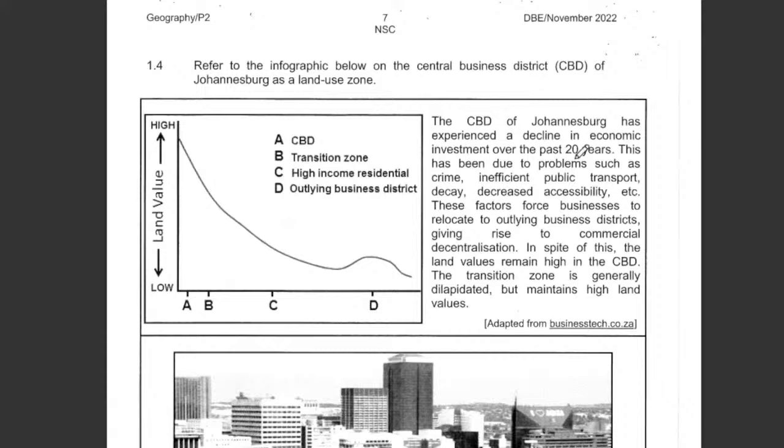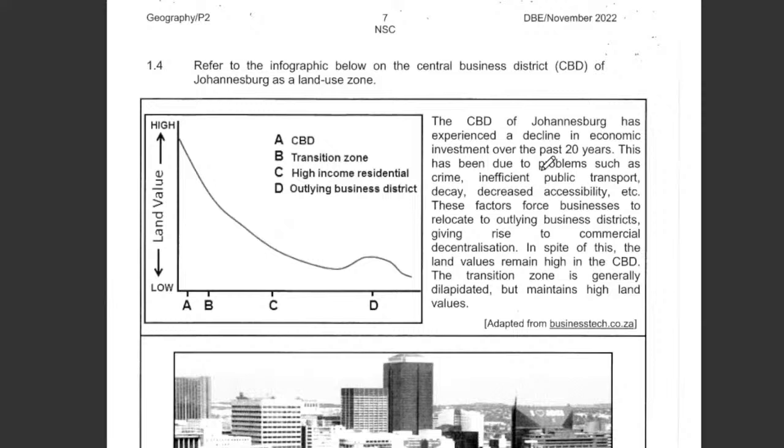Then there is a text here that says the CBD of Johannesburg has experienced a decline in economic investment over the past 20 years. This has been due to problems such as crime, inefficient public transport, decay, and decrease in accessibility. These factors have forced businesses to relocate to outlying business districts, giving rise to commercial decentralization.